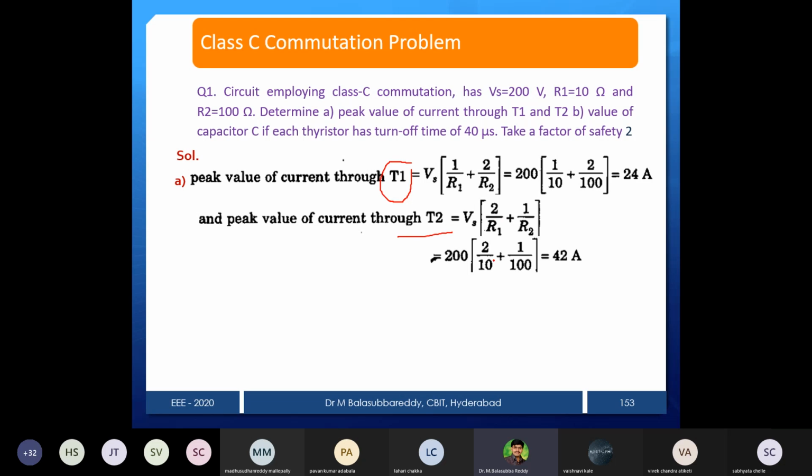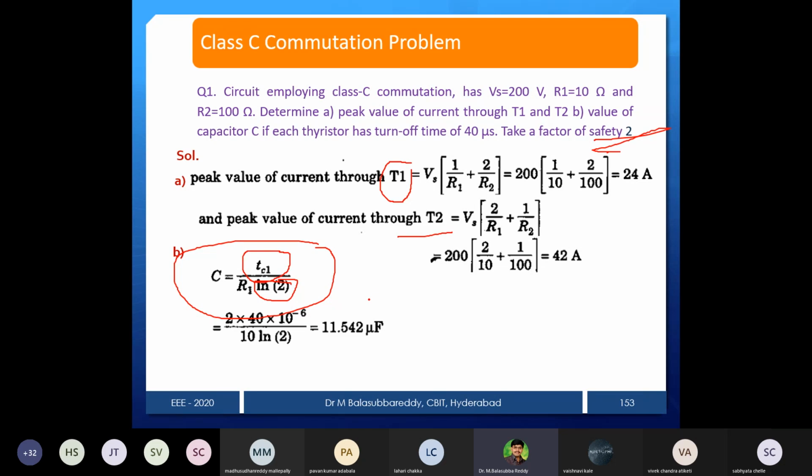Apart from that, C is equal to this formula, or directly you can use ln 2 value also, 1.44 into Tc by R1, direct formula. Tc is nothing but turn off time plus delta T, and safety factor is given 2 times of turn off time. So 2 into 40 microsecond by R1 value 10, ln 2. So you can use 1.44 directly instead of this.